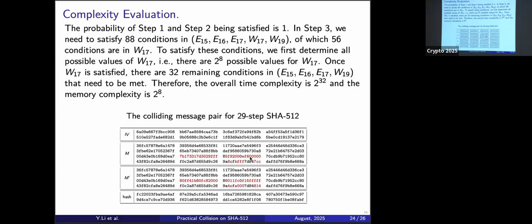Once W17 is satisfied, there are 32 remaining conditions. So the time complexity of the 29-step SHA-512 clean attack is 2 to the power of 32. We can quickly obtain the practical clean message pair.